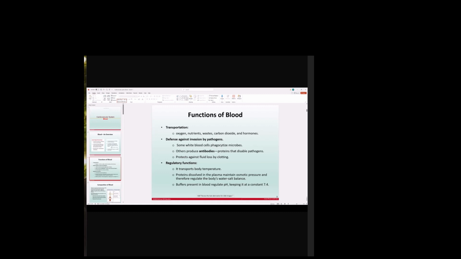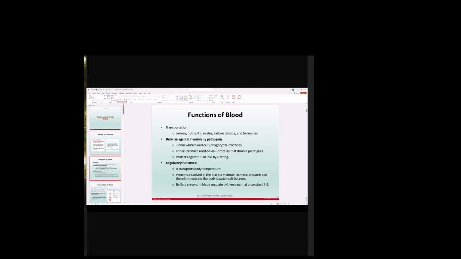We have white blood cells that help to engulf and destroy pathogenic microbes. We have other white blood cells that produce antibodies, which are proteins that help in the process of destroying pathogens.